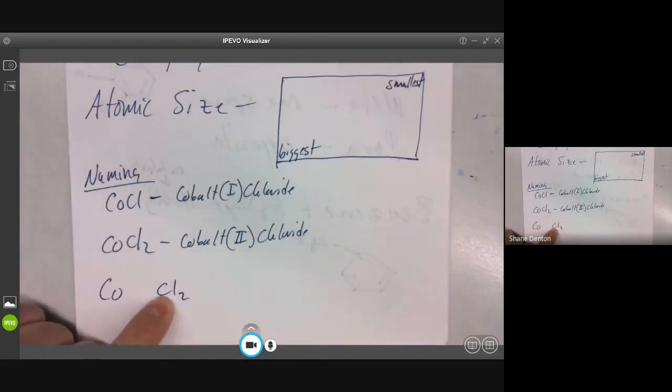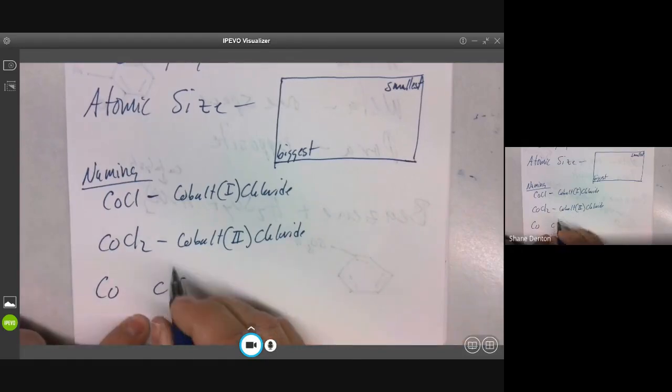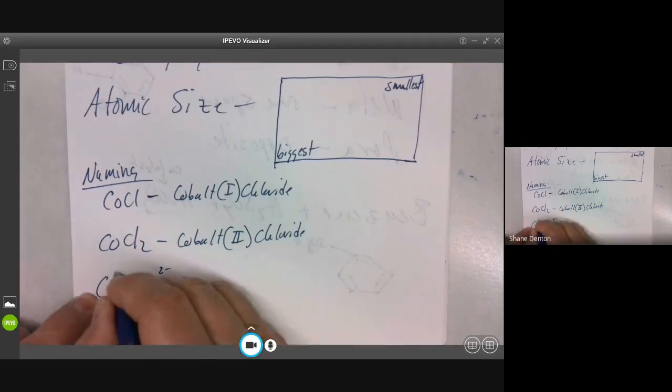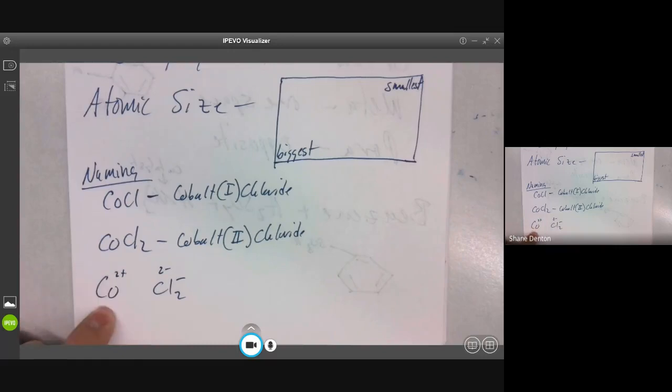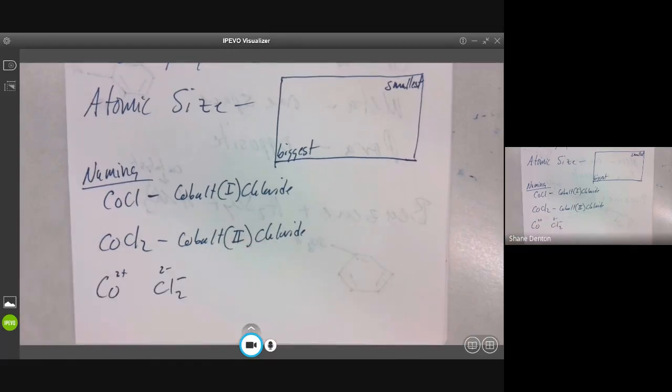Well, what's the charge on each Cl? Anybody remember what chlorine wants to be? -1. And if I got 2 of them, that gives me a net 2 negative, right? That means my cobalt must be a 2 positive. There's only one of them. That gave me cobalt 2 chloride. Okay.